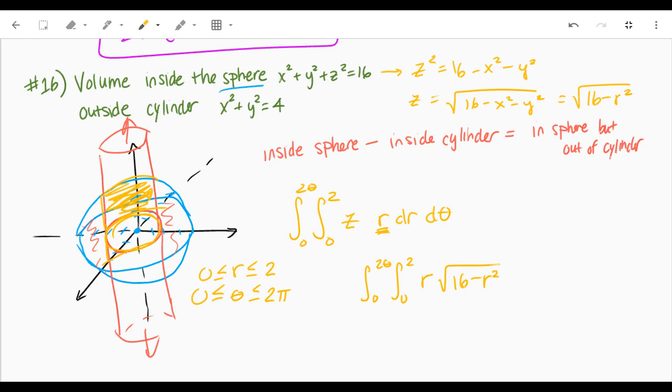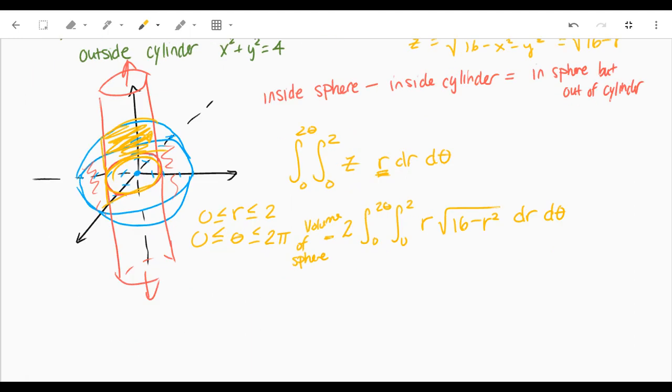That's going to be a nice u sub for us, dr d theta. Remember that will give us the volume of the upper half that we want, and we'll double it. And then we'll subtract it from the volume of the sphere to get the volume that's outside of that. So we're going to take the volume of the sphere and subtract that from it.